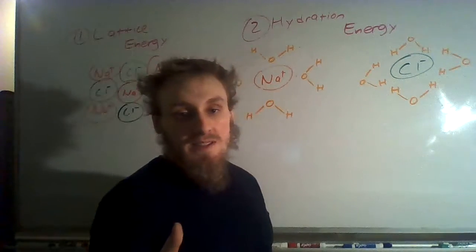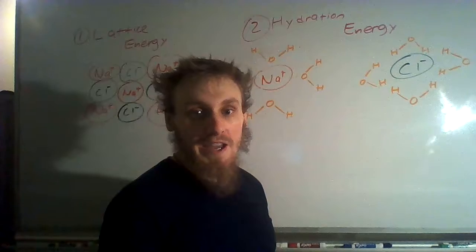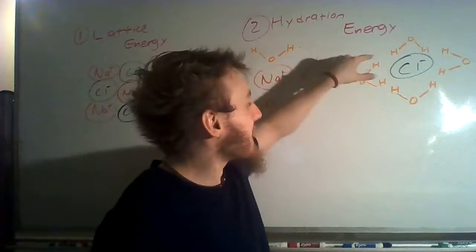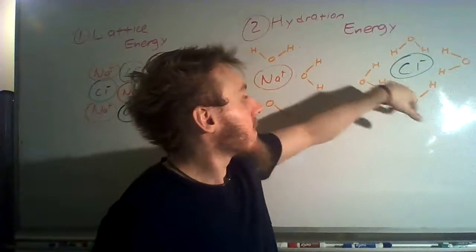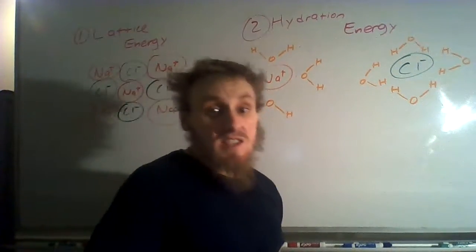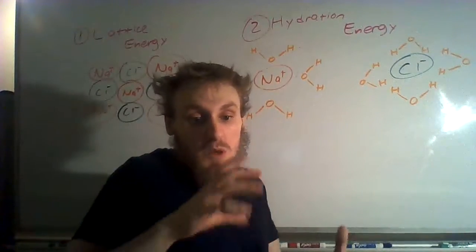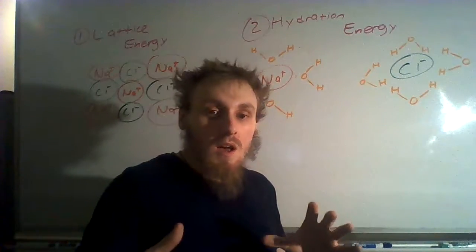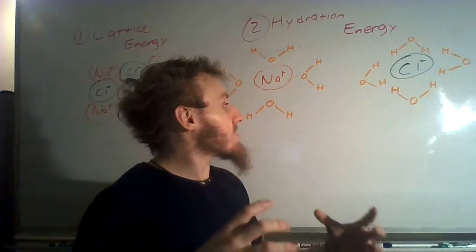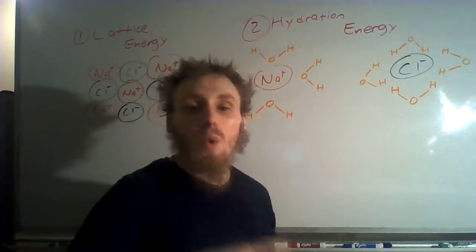A similar thing happens to the chloride ions. When chloride gets hydrated, it's getting surrounded by a bunch of water molecules. So that's basically hydration. It's when you have some structure or chemical entity, in this case ions, and these ions are getting surrounded by a bunch of water molecules.